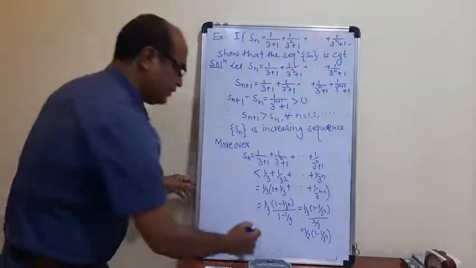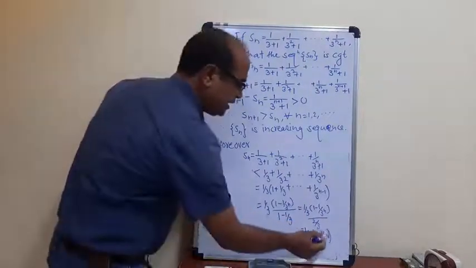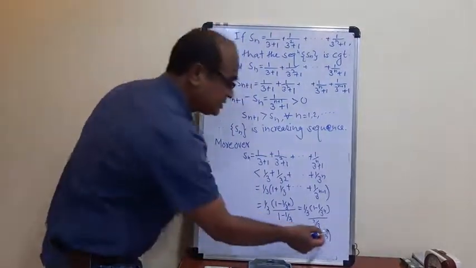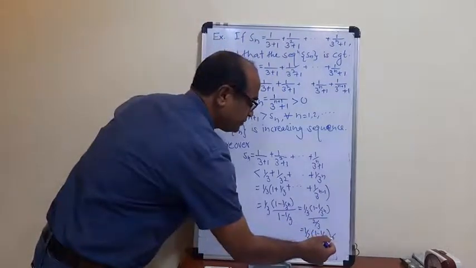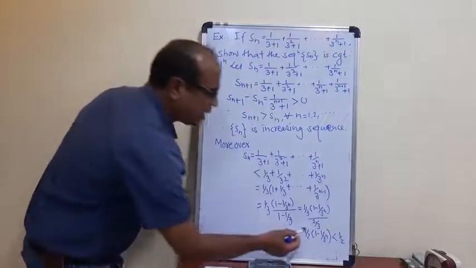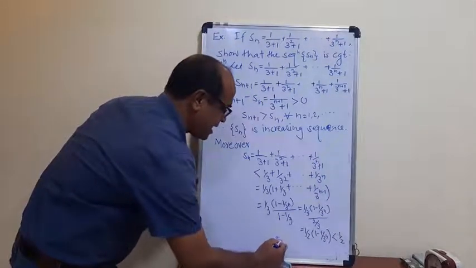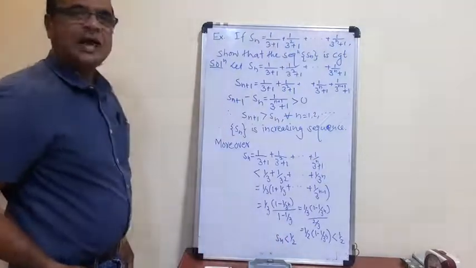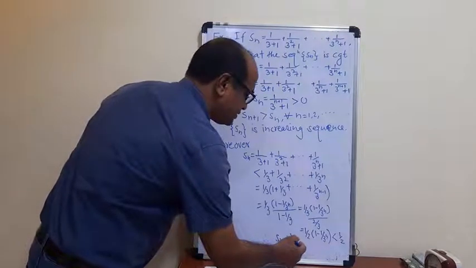But what is this? 1 minus something is less than 1. Therefore this term is less than half, because this is less than 1. Therefore Sn is less than 1/2, so 1/2 is an upper bound.